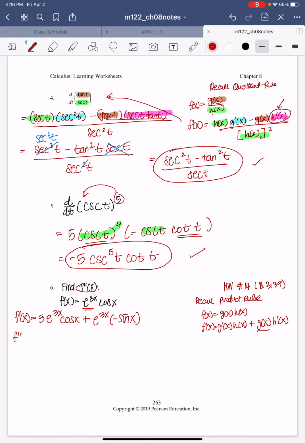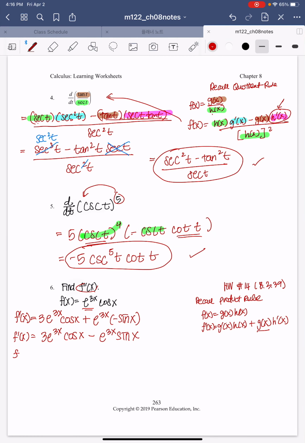So we get the first derivative: 3e to the 3x cosine x minus, because you have a plus and a minus, e to the 3x sine x. So that's my first derivative.